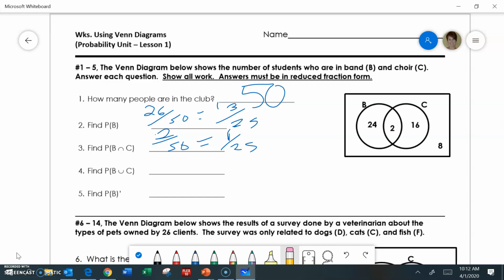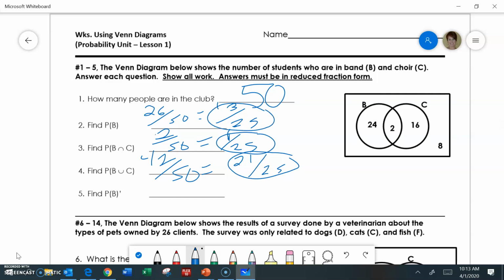So we would have 24, and then we would add that to 2, and then we would add the 16. So that would give us 42, let me get my pen here, 42 out of 50, obviously all but this 8 down there, and then that reduces to 21 out of 25. I'll circle in my final answers.